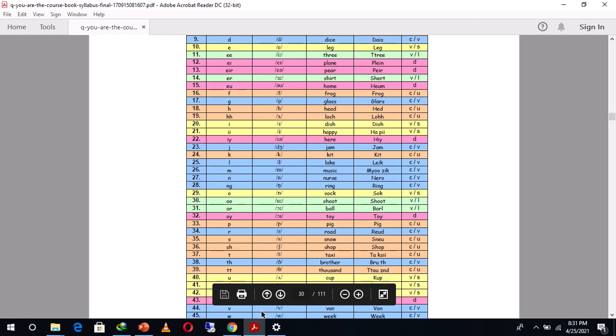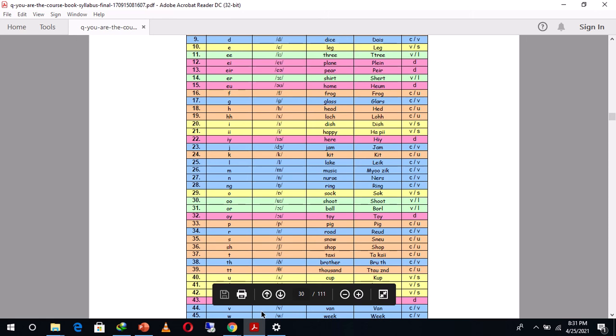Okay, toy. Number 33, that is a P sound, like pig. Number 34 is an R sound, like round. You would have to curl your tongue in your mouth, like the R sound.